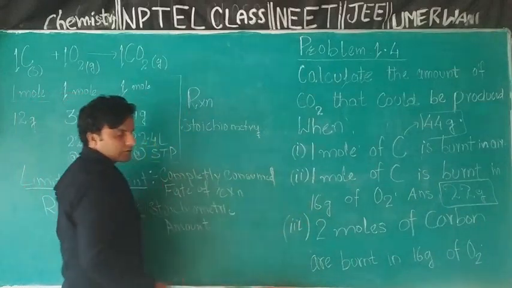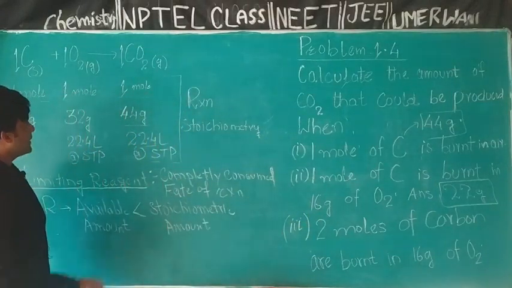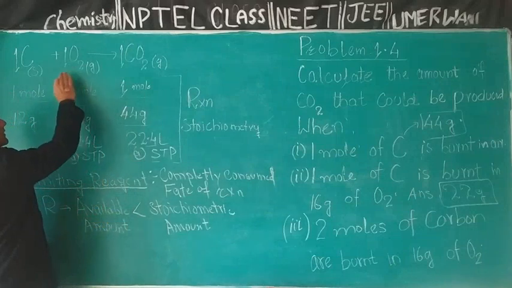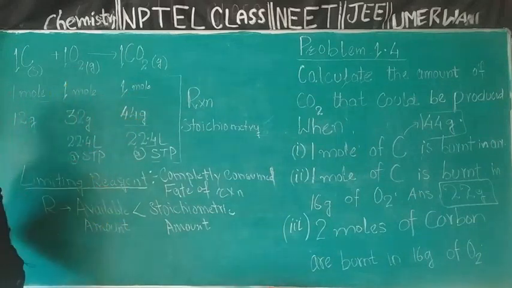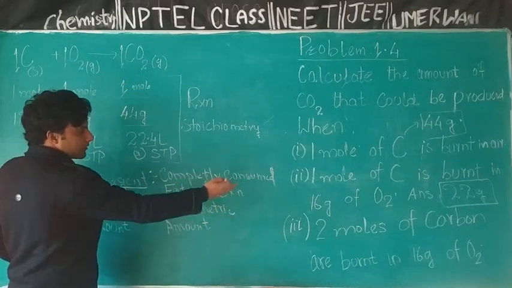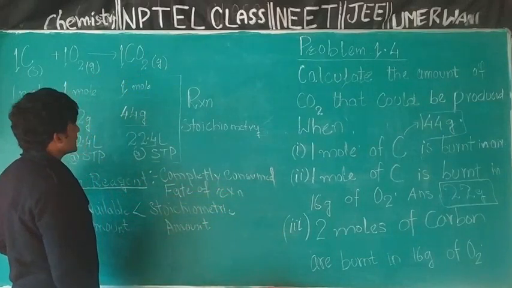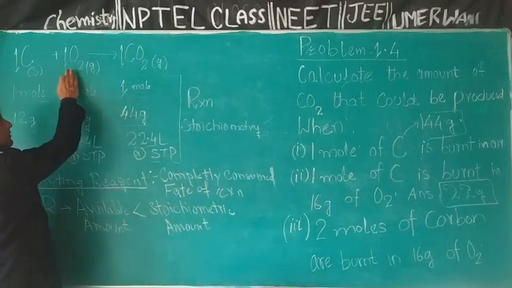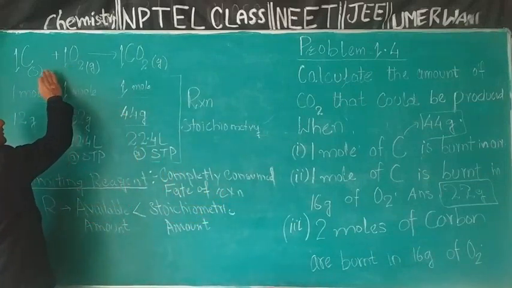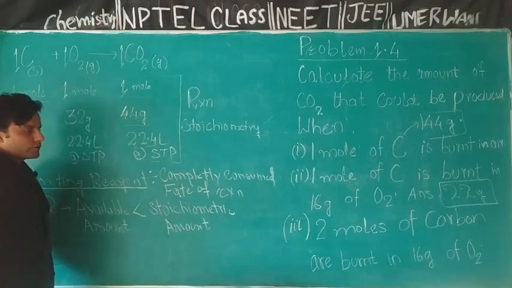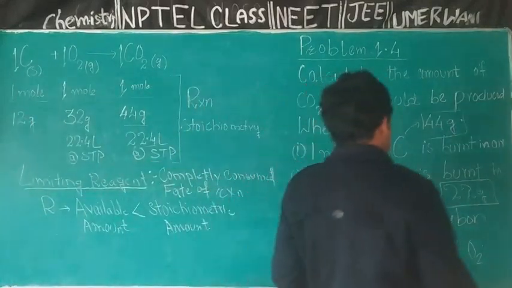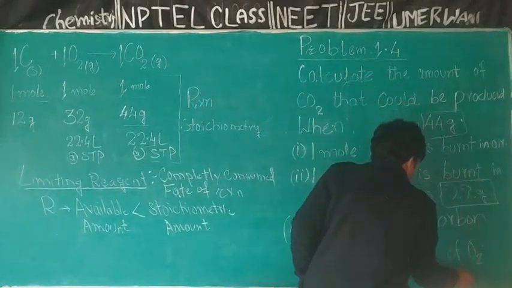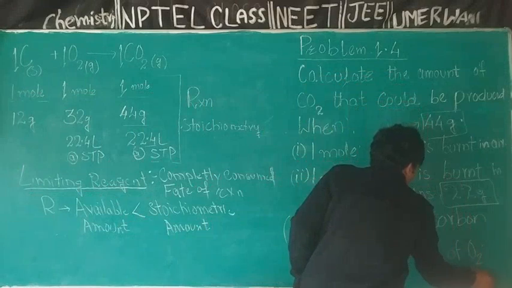16 gram of oxygen will get completely consumed, and these 16 grams of oxygen will determine how much carbon dioxide will be formed. And we have already calculated in part second that 16 grams of oxygen when reacts in this reaction produce 22 grams of carbon dioxide.